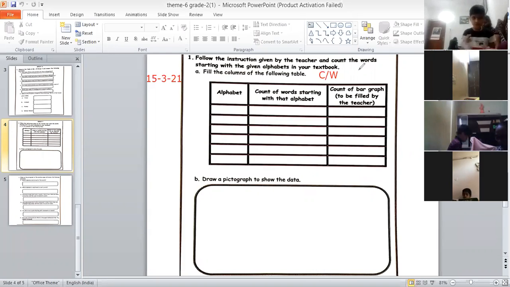Fine. Now, children, first of all, we will write here some alphabets. I'll tell you, and you will write only those alphabets in the first column.